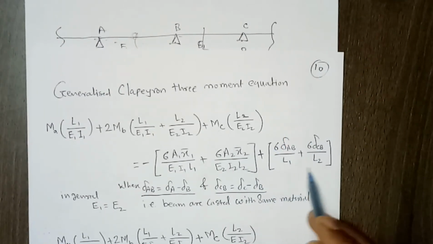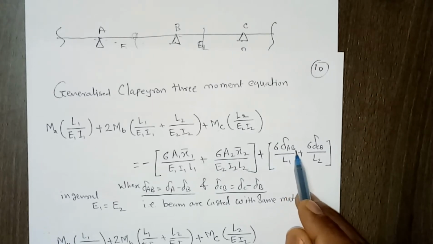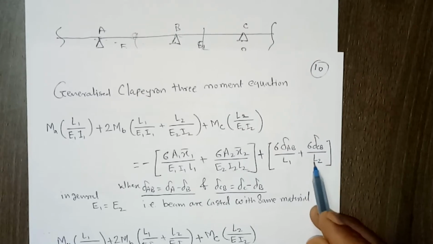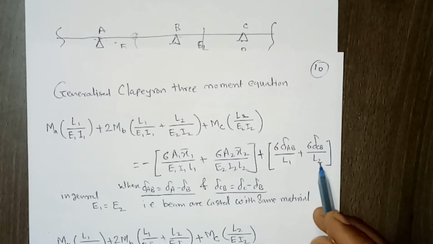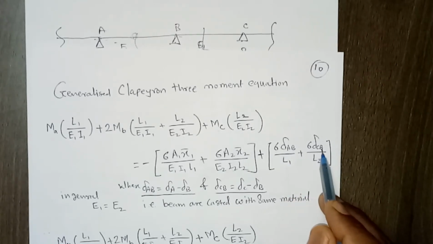Plus there is an additional term, and this term is 6 delta AB by L1 plus 6 delta CB by L2. So this is very important, here it is delta AB and delta CB.